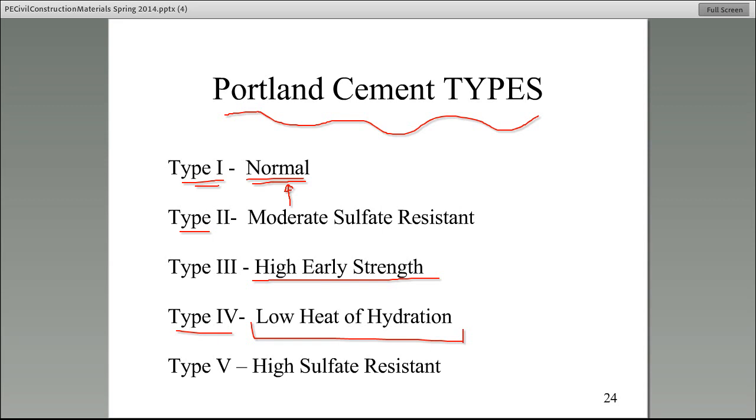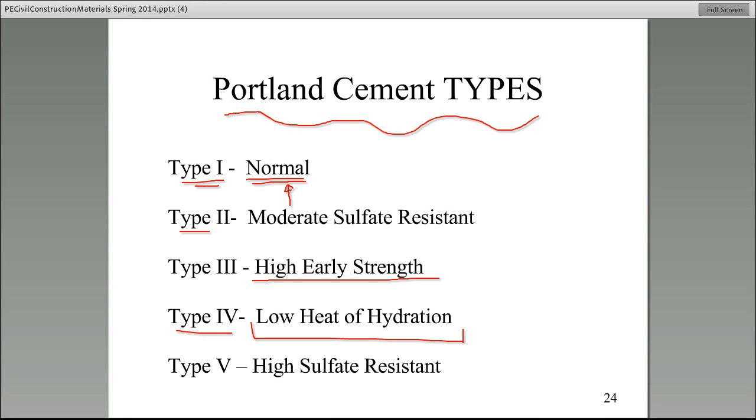But let me also tell you one other reason for using type 4, which I don't think anybody mentioned. Listen, if there is a distance between where the concrete is produced and the construction site, all right?